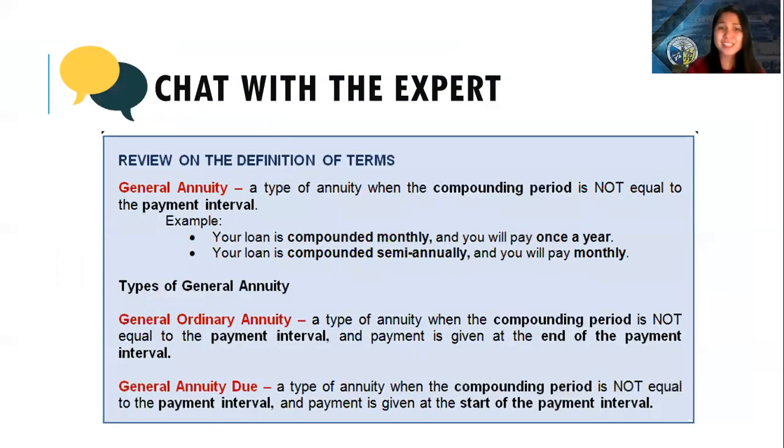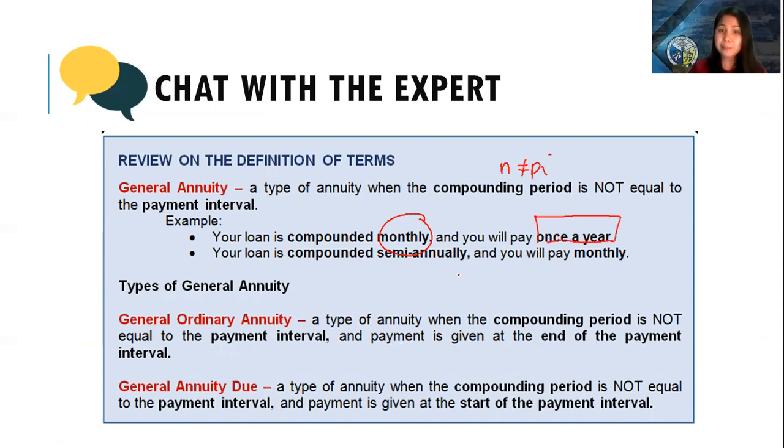Now let's review some of the terms. Remember, a general annuity happens when the compounding period is not equal to the payment interval. Example, if it's compounded monthly, but the payment is annually.